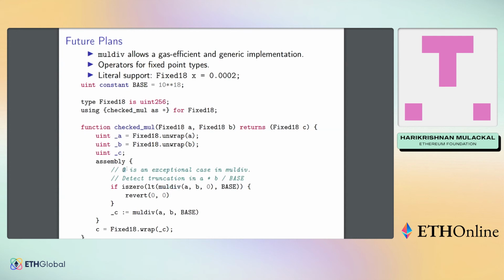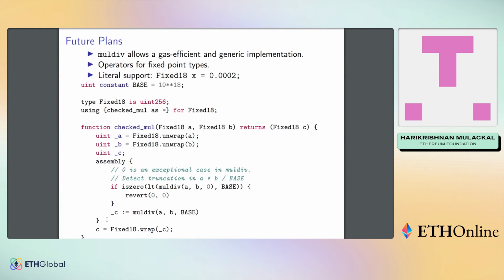I didn't mention this, but there is an exceptional case in the Muldiv, which is around 0. So the EIP currently proposes a special case for Muldiv A B 0, where the 0 would be treated like 2 raised to 256. And the goal would be that this is going to help with checked fixed point multiplication.